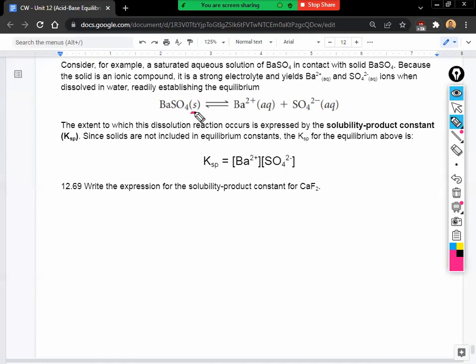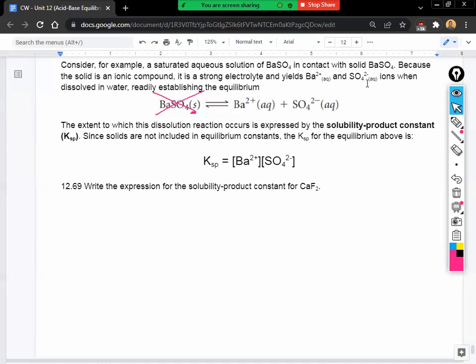Barium sulfate is a solid, a pure substance, so we can ignore it inside of the Ksp formula. So all we need to do is product concentrations divided by reactant, since we can ignore pure compounds. There you go. That's how you write the Ksp expression. That's it. Super easy.